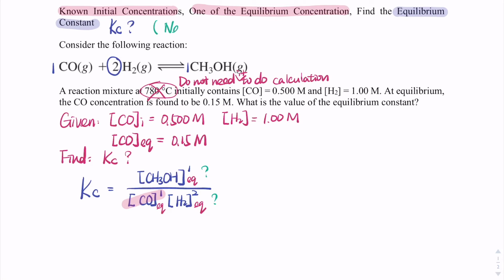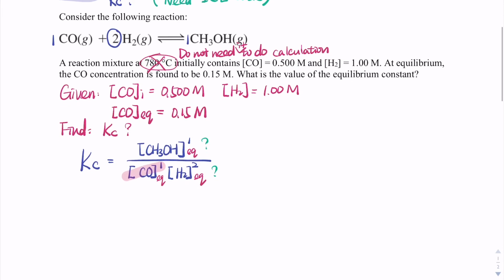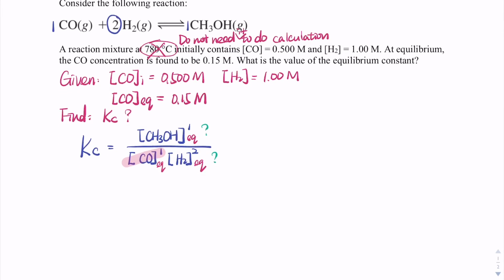What's this ICE table? For me, I like to write out the equation first: CO plus 2H2 gives CH3OH. We understand that 1 mole of carbon monoxide reacts with 2 moles of H2, giving 1 mole of CH3OH.